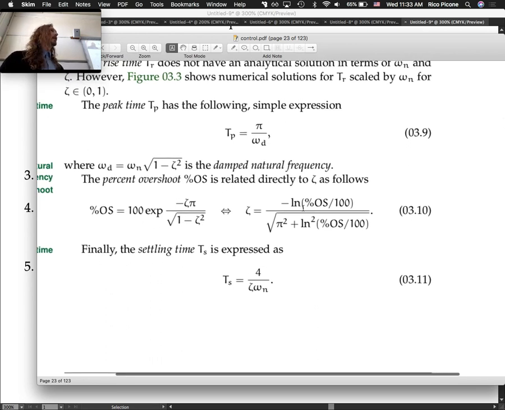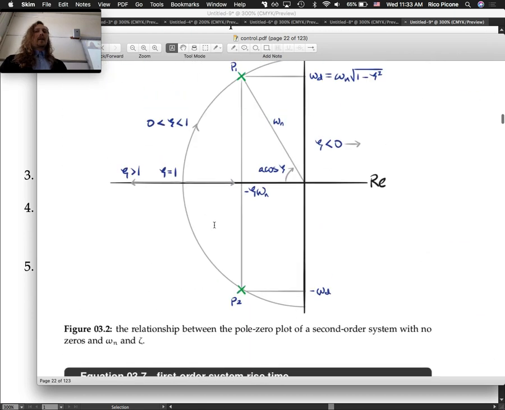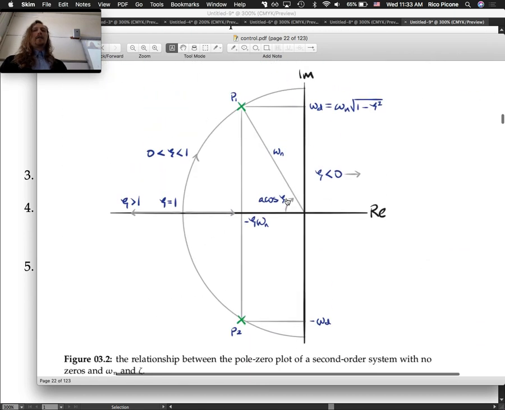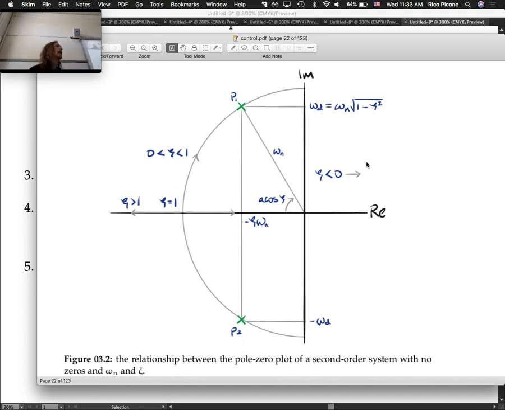You can solve for one given the other. So given 15% overshoot, we can solve for a specific zeta. And given a specific zeta, we know that we have this angle. Our cosine of zeta determines the angle here for our dominant second order poles, assuming that we have a second order system, assuming that the second order approximation holds.